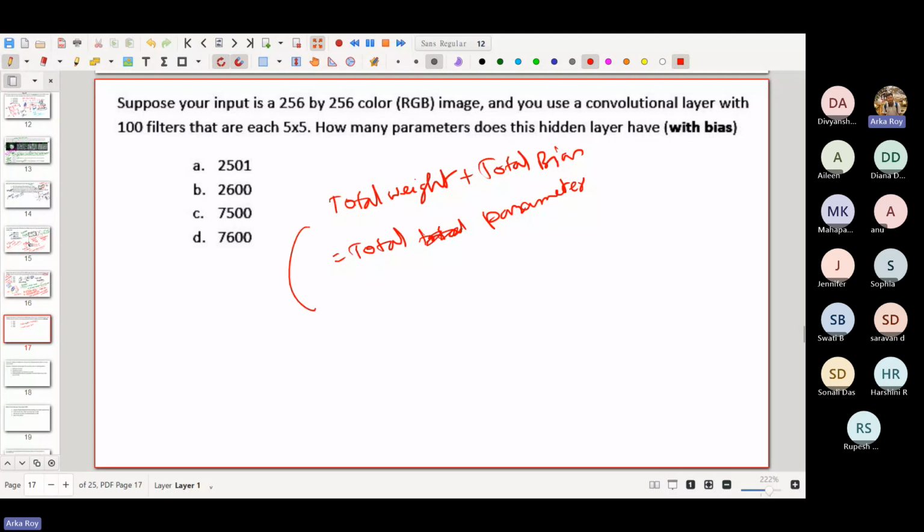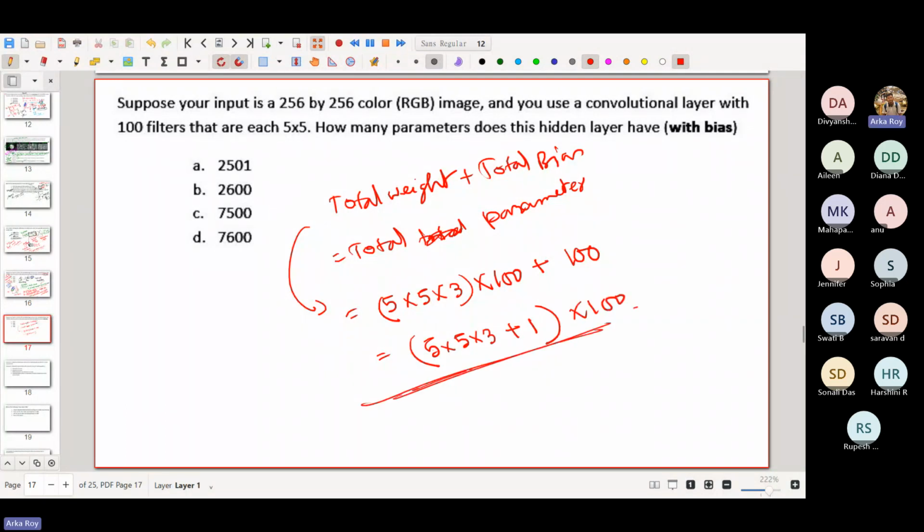Total weight is 5 cross 5 cross 3 into 100. And total bias: you have 100 kernels, for one kernel you have one bias, for 100 kernels you have 100 bias. Now you see 5 cross 5 cross 3 plus 1, and then you get this 100. So this is how you get that formula.